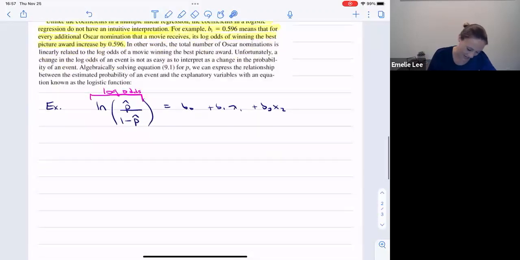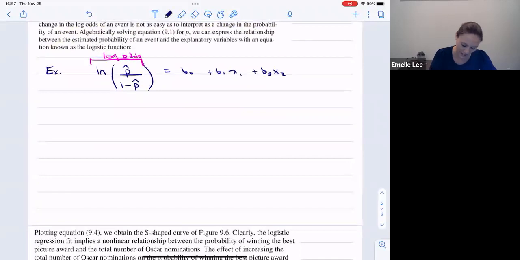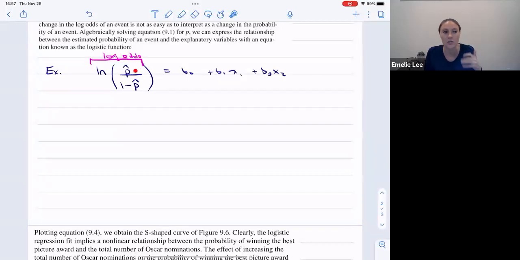And so, for example, if we have this, what we're trying to get is this p hat, right? We don't want to talk about how B1 affects the log odds. We want to talk about how the probabilities are affected, right? Because we're trying to model the probabilities. And so now it's just a math problem. We want to shake out this log.